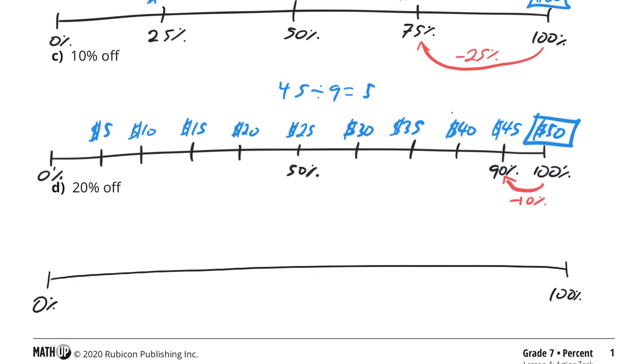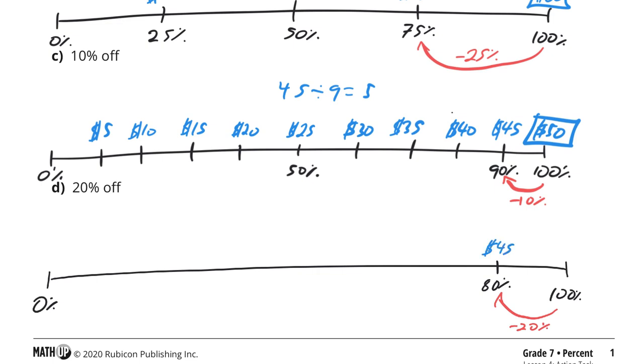Okay, and instead of splitting it into 20%, I'm going to first show that we are taking away 20%. So we're taking away 20% here. So we end up that she's paying 80%. And we still know that that 80% is $45.